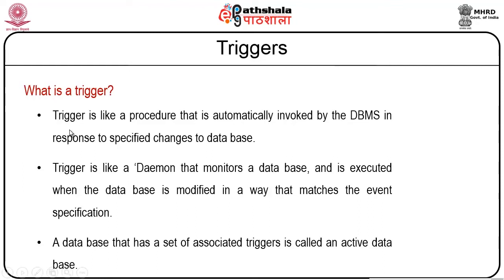A trigger is like a procedure that is automatically invoked by the DBMS in response to specified changes to the database. So, this trigger will be automatically called by the DBMS, and this happens as a response to specific changes that we make in the database.